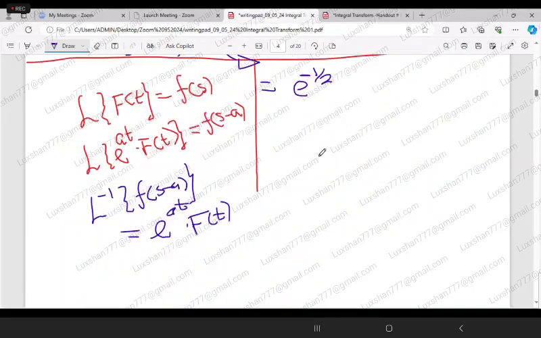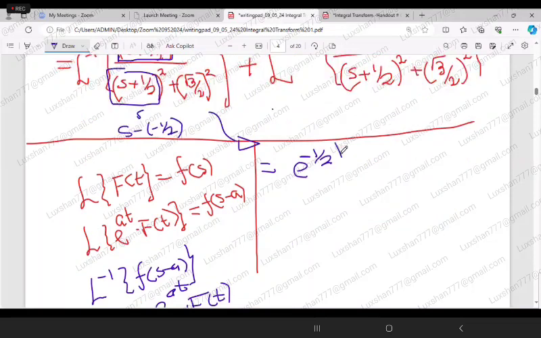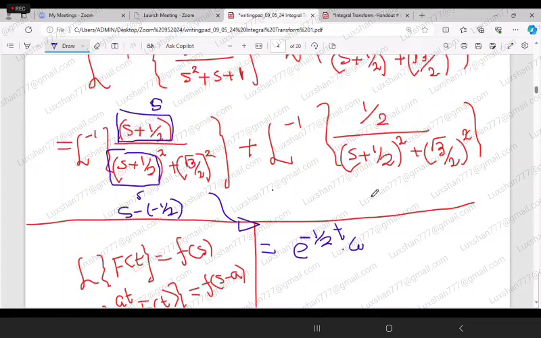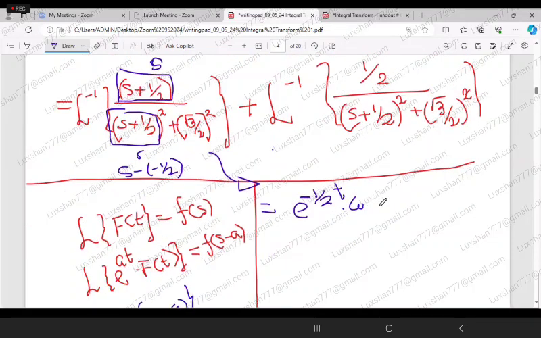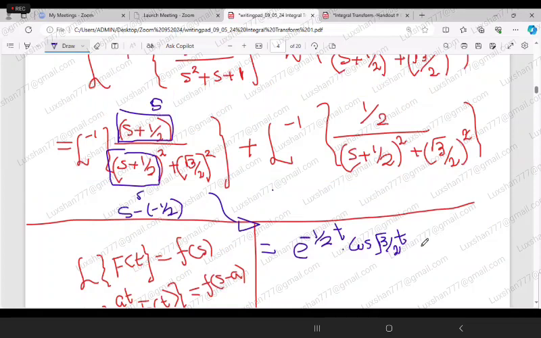So my a value is minus half, t into, this is actually nothing but cos root 3 by 2 t. Here, plus, similarly, if you look at here, this is similar to this one.